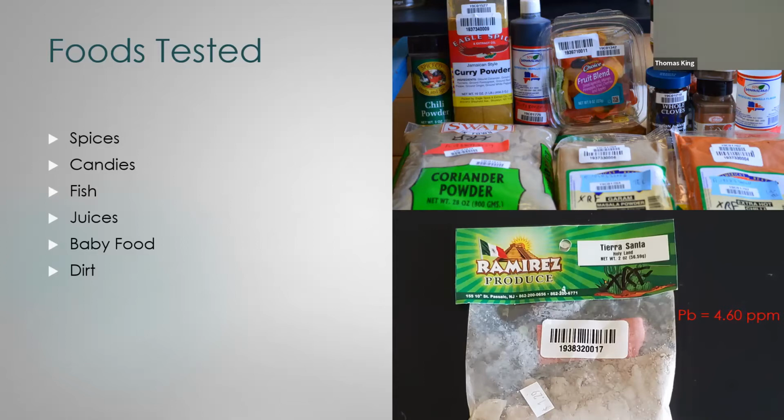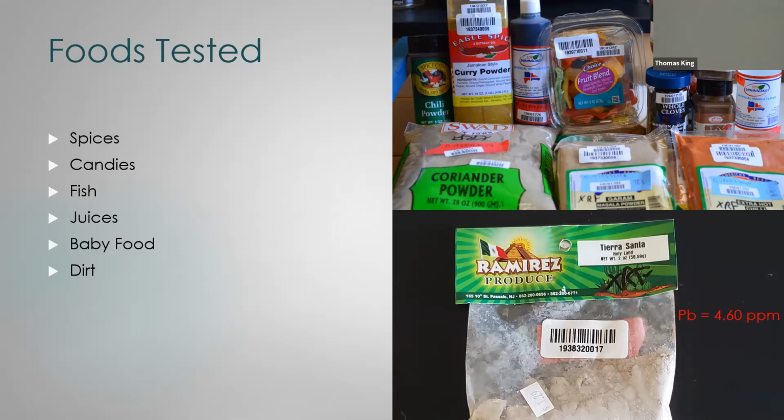We also test many different types of juices, like blueberry juice and cranberry juice. We also test baby foods, and we also got a sample of dirt, and it's edible dirt. We analyzed it, and we got a high level of lead from that one sample.